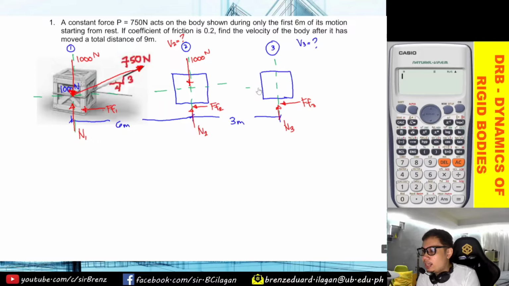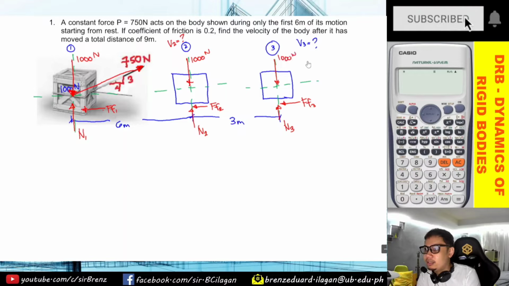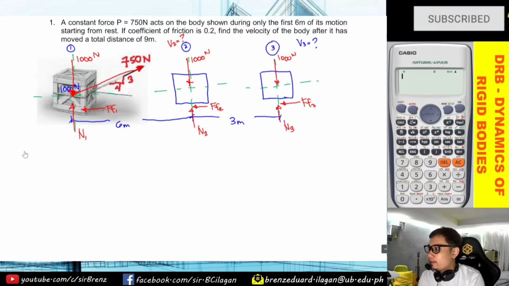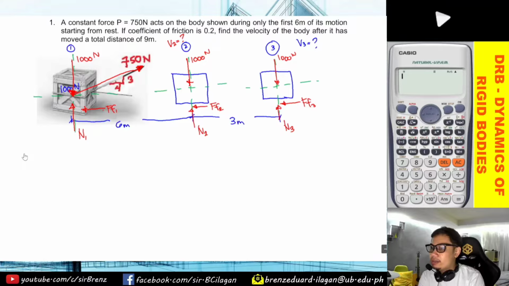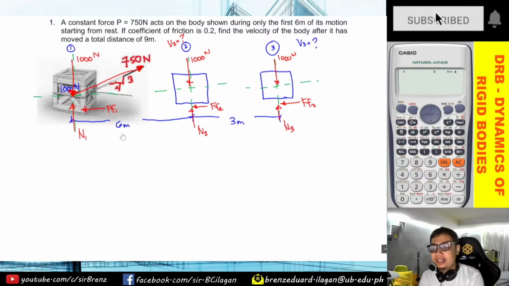So, kamukha lang din naman nung sa FBD2. Or almost same lang din ni FBD2. Okay, so once may free body diagram na tayo, so, ang pwede natin gawin is mag work energy equation. Pero before that, mag-statics muna tayo. So, summation of forces X, summation of forces Y para makuha yung mga unknown.